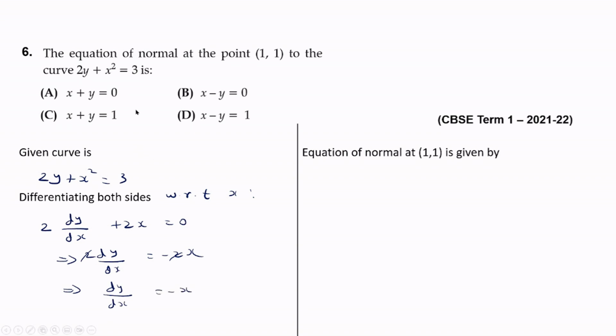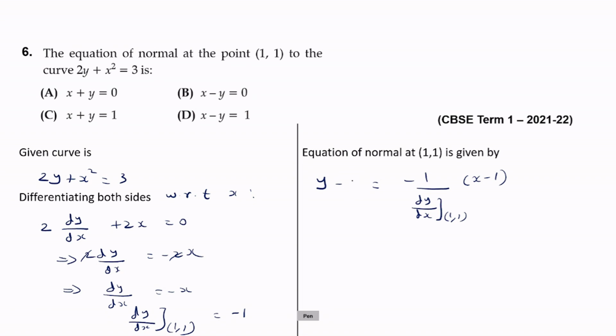Now we need to find the equation of the normal at this point 1 comma 1. So dy by dx at 1 comma 1 is minus 1. Now we can find the equation of the normal at 1 comma 1 as y minus y1 equal to minus 1 by dy by dx at 1 comma 1 into x minus x1.